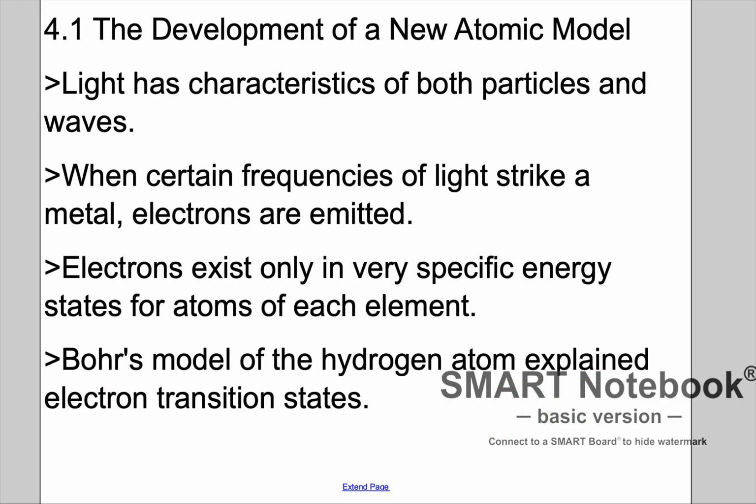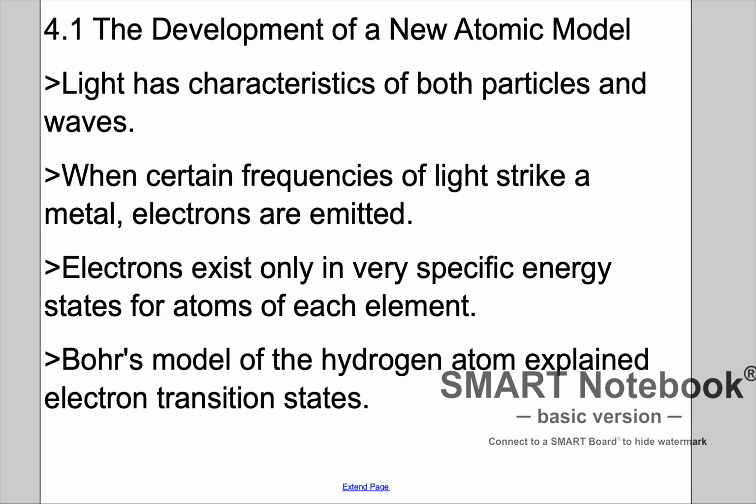In this video lecture of 4.1, I'm going to break it up into two parts. The first part, I'm going to talk about how light has characteristics of both particles and waves. Then when certain frequencies of light strike a metal, electrons are emitted in something called the photoelectric effect.